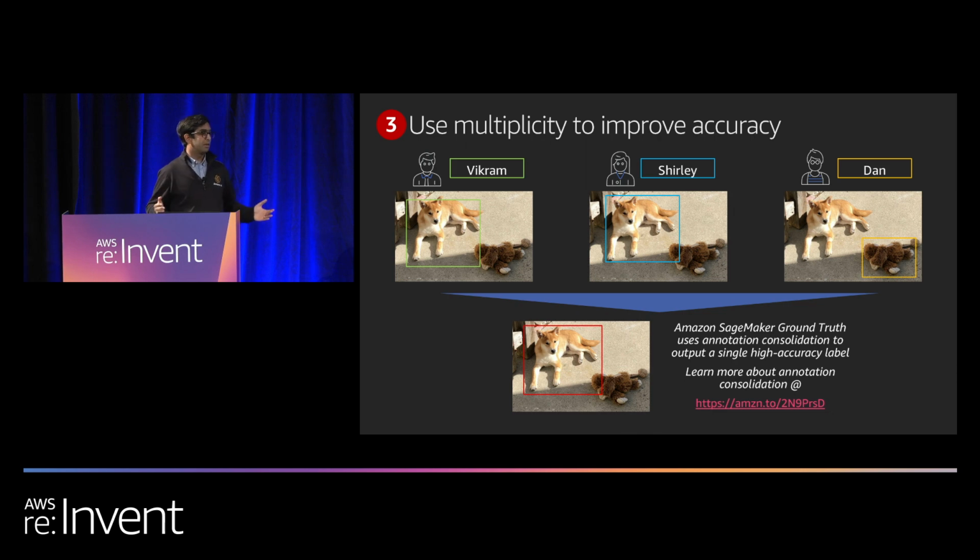For whatever reason, Dan is not having a good day. He did not label that correctly. But our outputted label is robust to that, right? So because we're using an annotation consolidation algorithm that takes signal from multiple workers, we generate the high fidelity label there. Through our custom workflows, you're welcome to generate your own consolidation strategies.